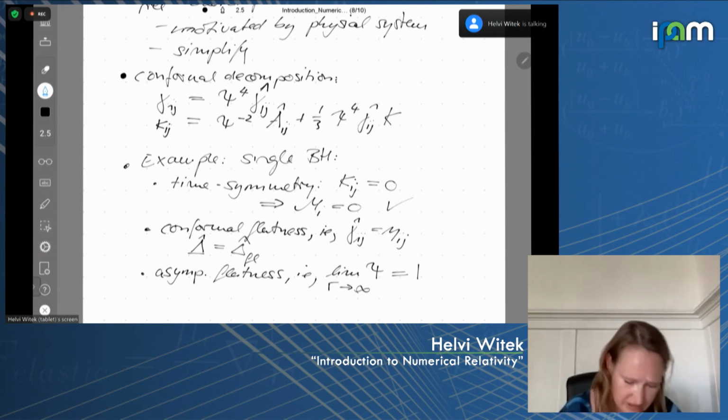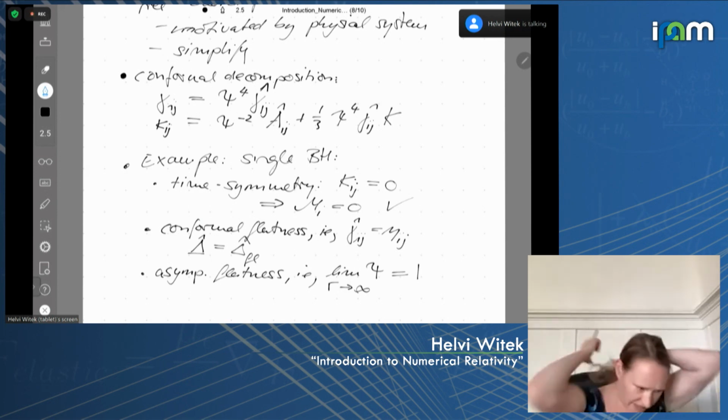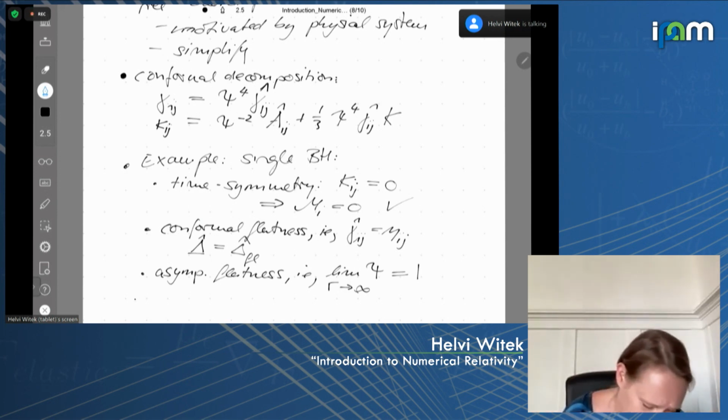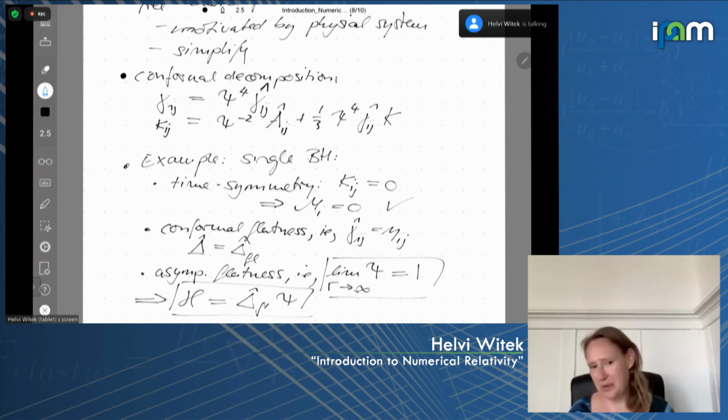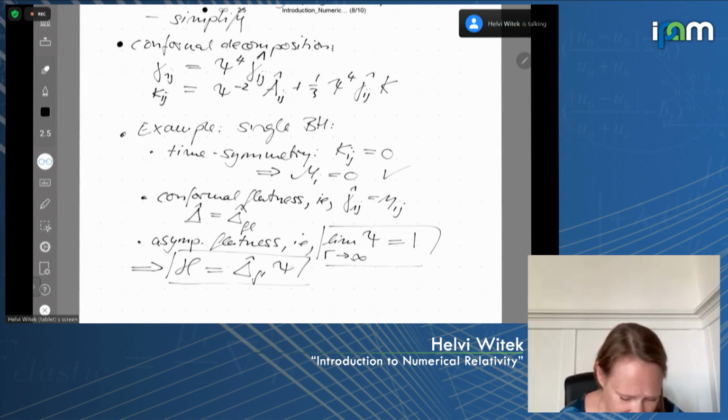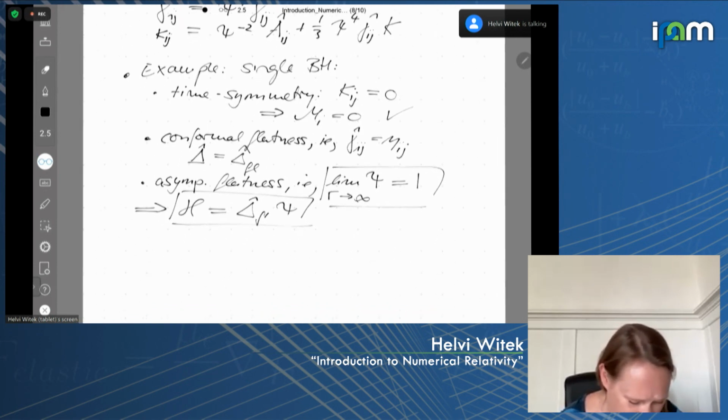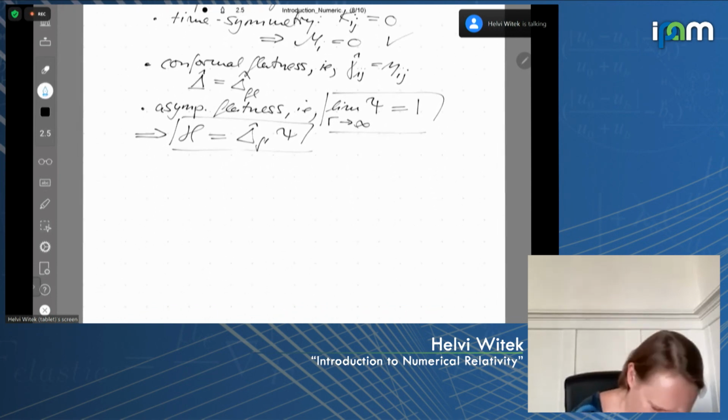And if we put all of that in, we basically get that our Hamiltonian constraint becomes the flat space Laplacian acting on our conformal factor together with this boundary condition. Now, this looks like an equation that we know how to solve. So let's just write down the simplest non-trivial solution that we can find.